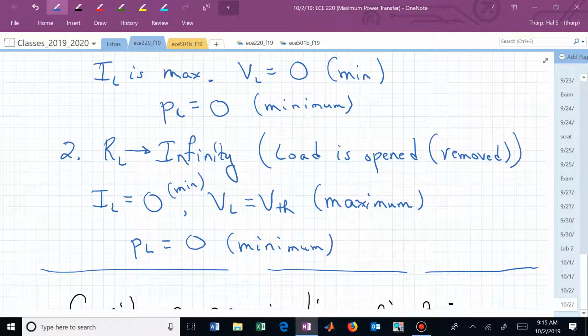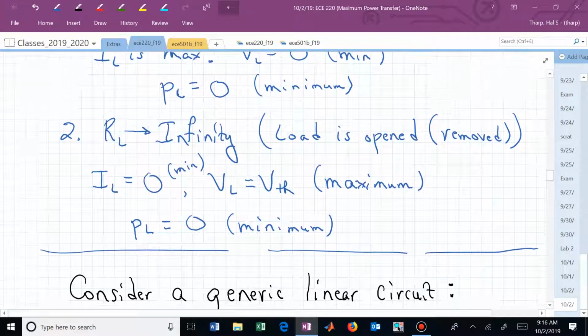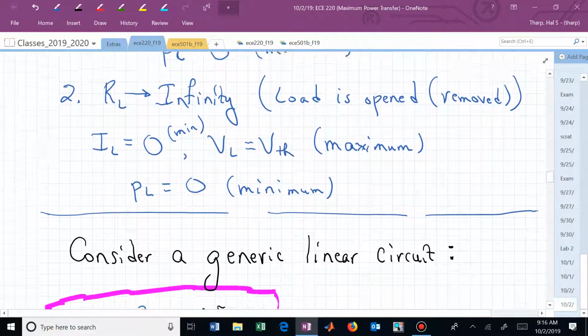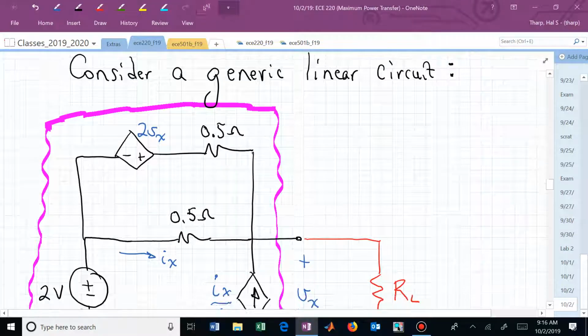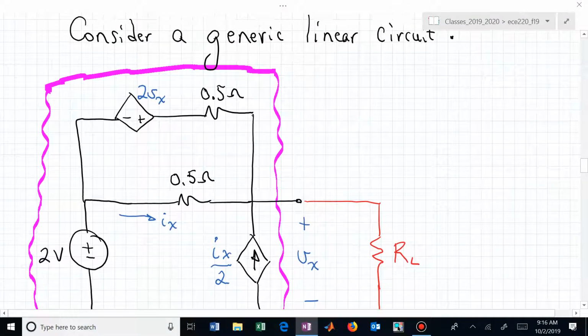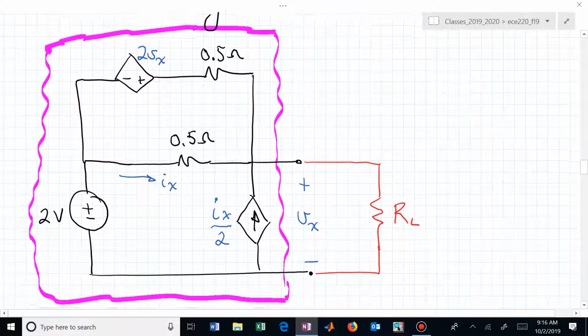And we're talking about maximum power transfer in this lecture. Hopefully there's something between 0 and infinity that will give us some power at the load. But here are the two extremes: small resistor and large resistor. What we want to now show is what value of R sub L will actually maximize the power. Suppose we had a generic linear circuit that looks like this.